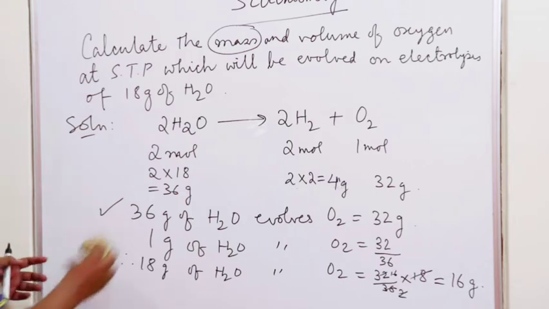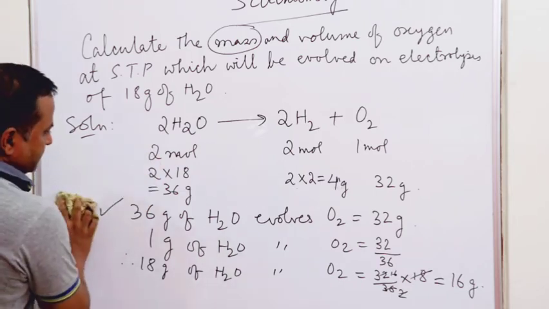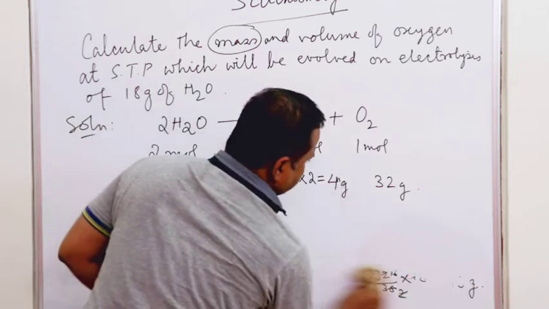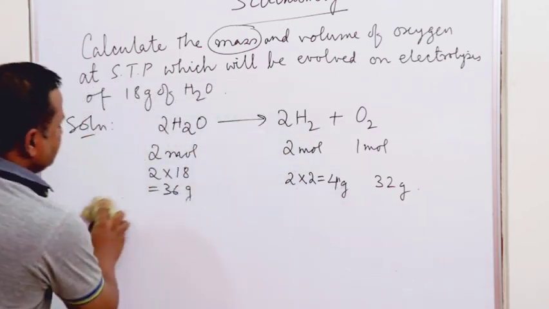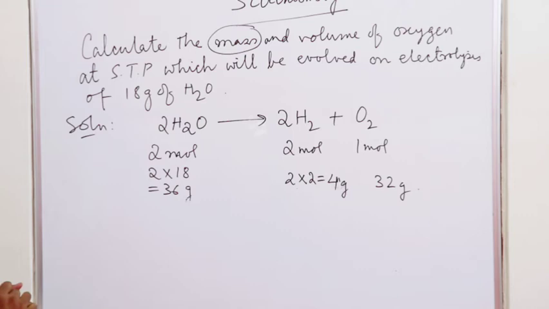Volume of oxygen. So let me rub this. Here we will require the mass volume relation. Here you can see that 36 gram of water evolves 32 gram of oxygen, that is 1 mole, or we can say 22.4 liter.